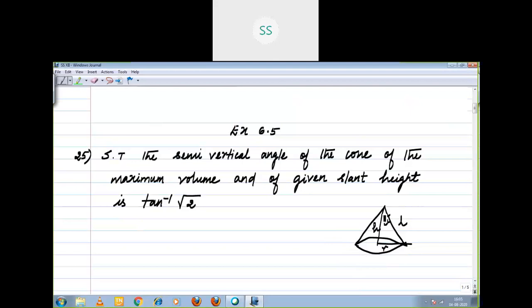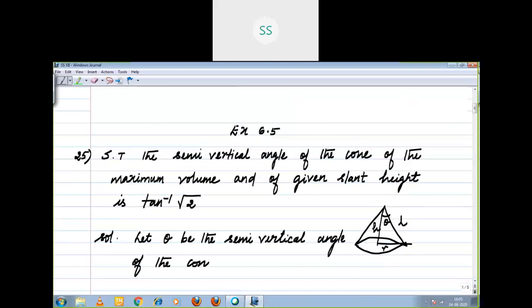Solution: let theta be the semi-vertical angle of the cone, right children? Using trigonometry, we are going to prove the result.